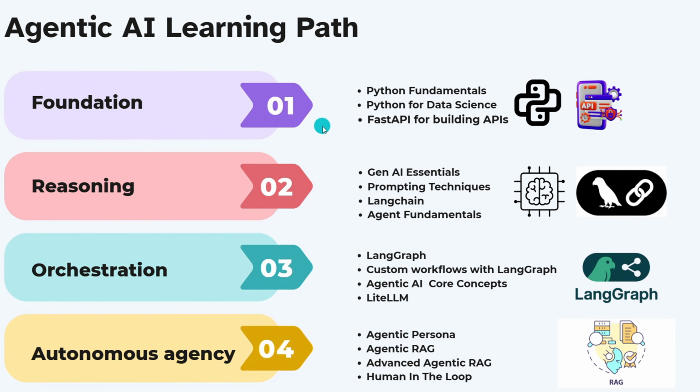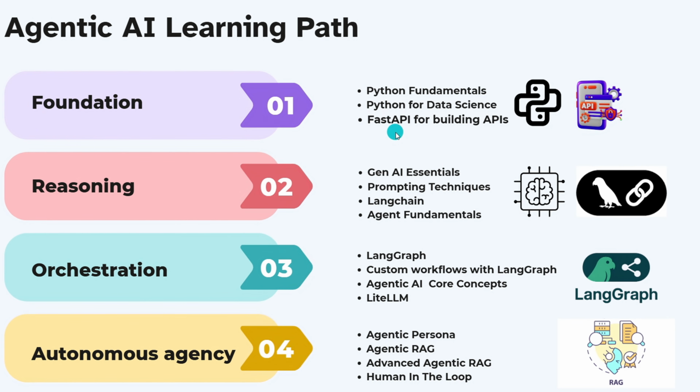But I think all of you know the fundamentals of Python, like Python basics, because all of you have learned them before. Python for data science contains NumPy, pandas, matplotlib, seaborn, and scikit-learn. These modules are in data science, so maybe you can learn them, or if you already know them, it's better.